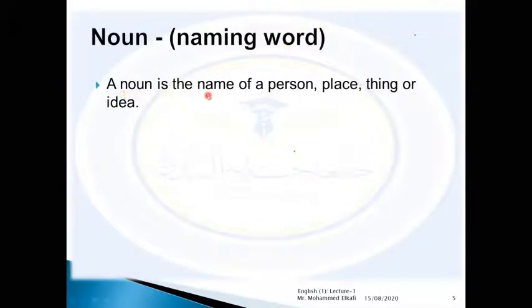A noun is the name of a person, place, thing, or idea. Okay. Here we think of a noun, name. Name of what? Name of person, okay, or place, or thing, or idea.